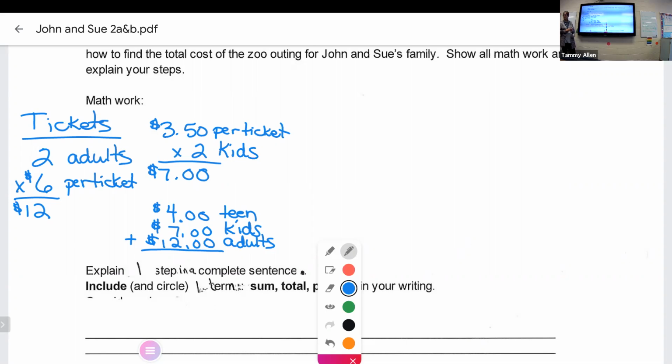What does that give us for the total ticket price? Are we done with the ticket cost?